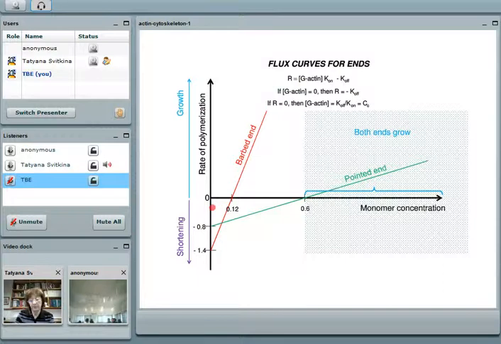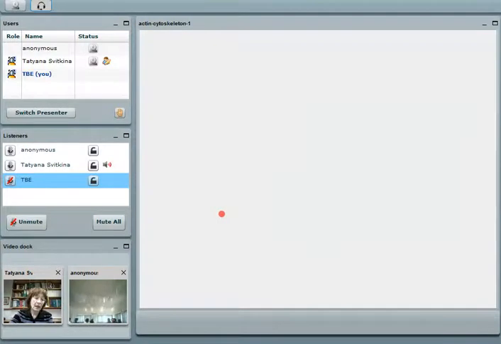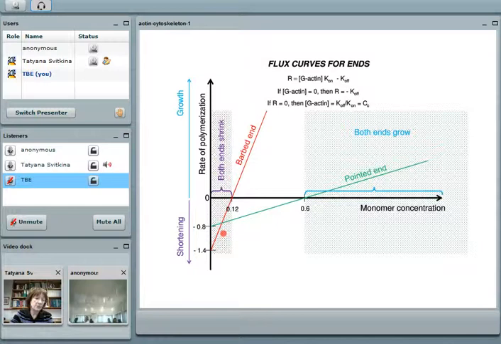If we look now between 0 and 0.12, both rates are negative, so both ends will shrink, at different rates depending on concentration, but they both depolymerize.